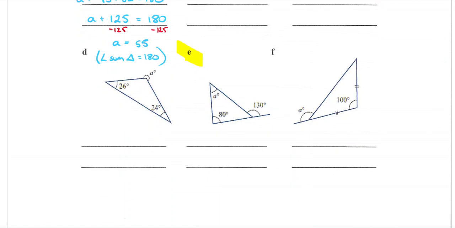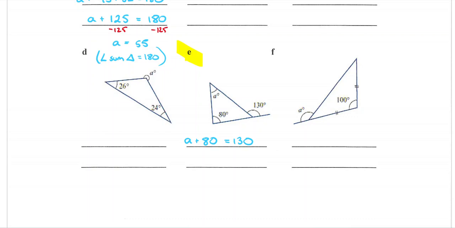I did this one as well because it's still a triangle, but this is different because of the angle that's out here. This 130 is what we call an exterior angle. And it will always be equal to the opposite interior angles added together. So to make the equation, I add the A with the 80, add the two interior ones, and it is equal to the 130, which is the exterior angle.